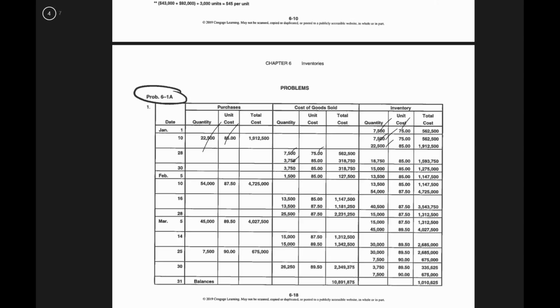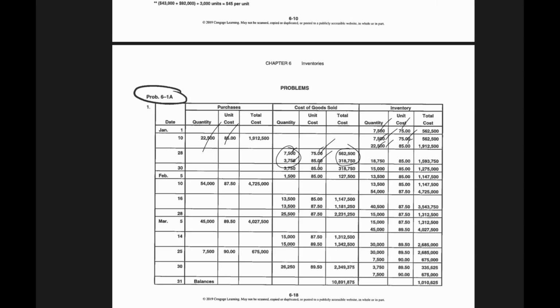Plus, we need another 3,750 out of that 22.5. So these two together add to 11,250. So we take the 75 bucks, we use the 85. This is all a part of what we'd call our cost of goods sold.